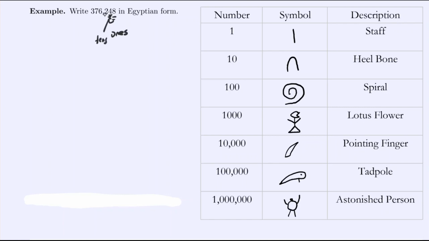And then next, 10 times 10 is 100, so we've got the hundreds place. Moving over again, we increase by 10, so 10 times 100 is the thousands place. That's why this is the thousands, the 10,000s, and the 100,000s.